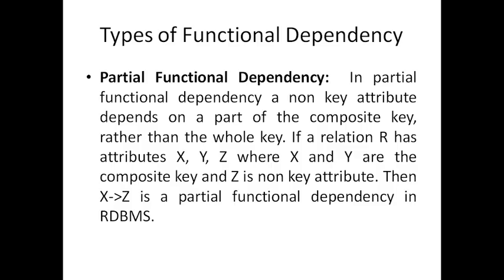In a relation R, there are three attributes x, y and z, where x and y are the composite key. That means xy is a key of the relation and z is a non-key attribute. Then x determines z is a partial functional dependency because actual key is xy, but z only depends on x. So it is partial key dependency.